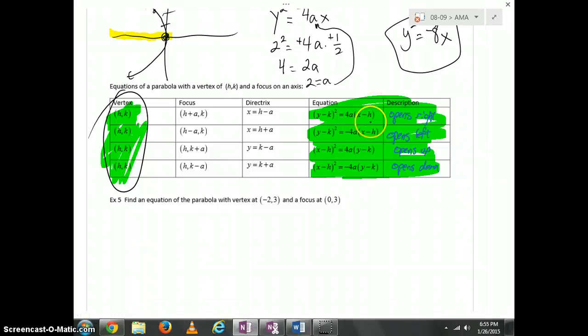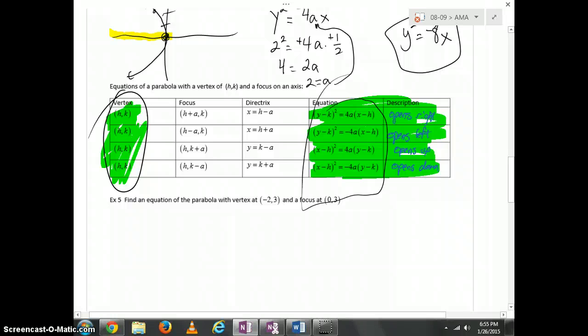Notice as you go to the far right, this fourth column right here, where we have our equation, notice that we'll always have an x minus h and a y minus k. X minus h is going to be in every one of these four equations, so will y minus k. We have to change the signs for both the x and the y coordinates of the vertex.